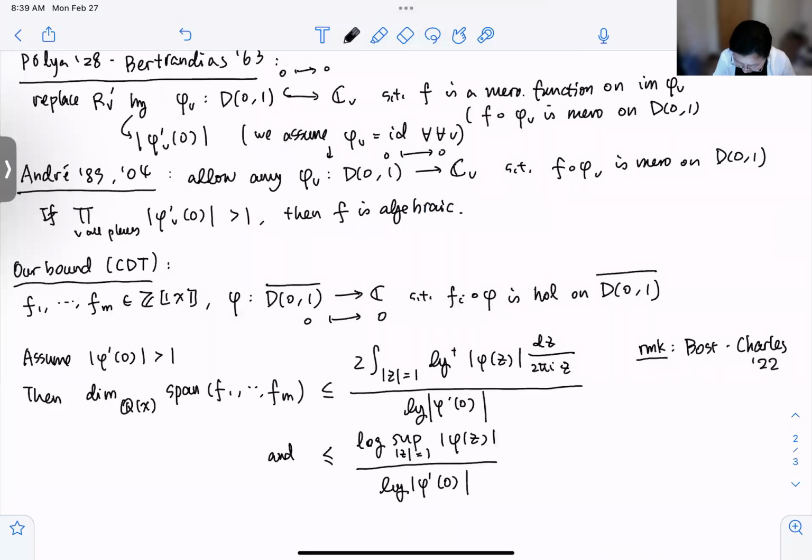I would like to say a little bit how one actually uses the bound. Let me choose a different color. So that's the complex analysis in the following way.